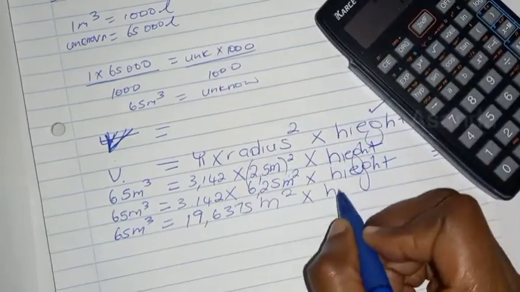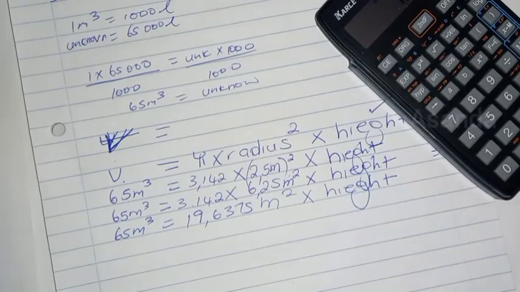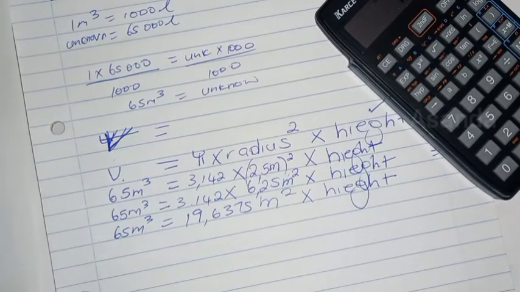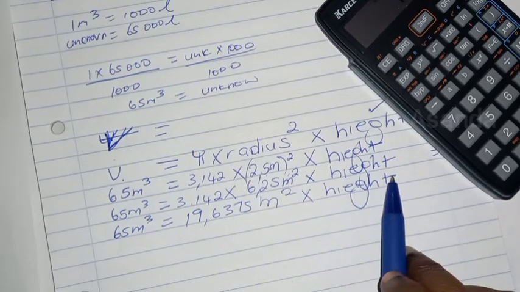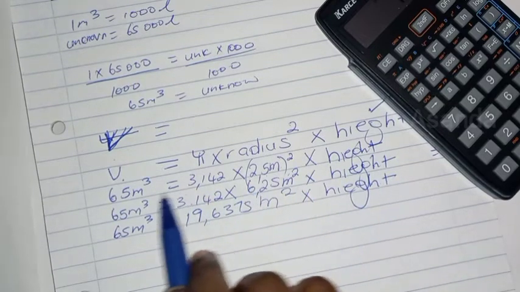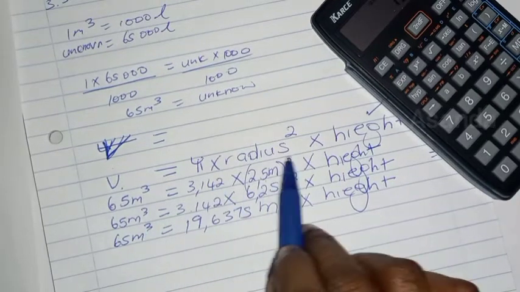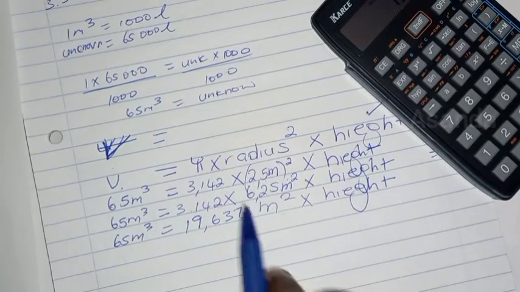And then I multiply that by height. Remember, nothing's happened to height yet. Now, this number is sitting with height. Height is our unknown. We need to move this number to that side. It's easier to move once you've worked it out into one number. So let's move it to the other side.